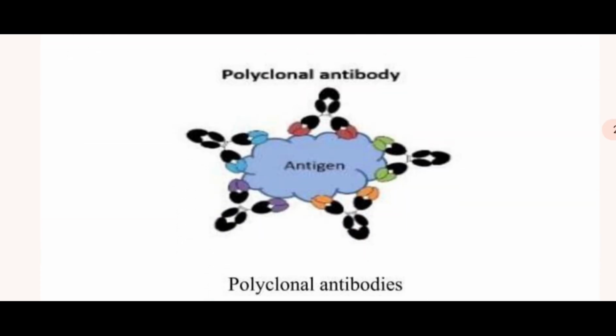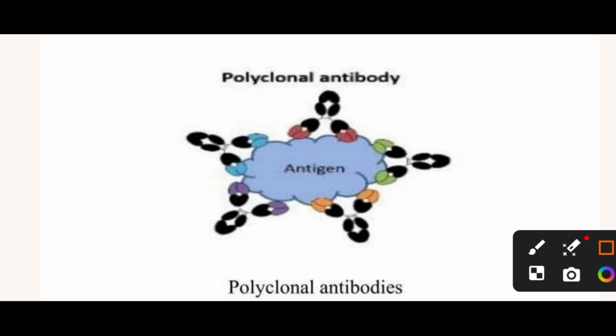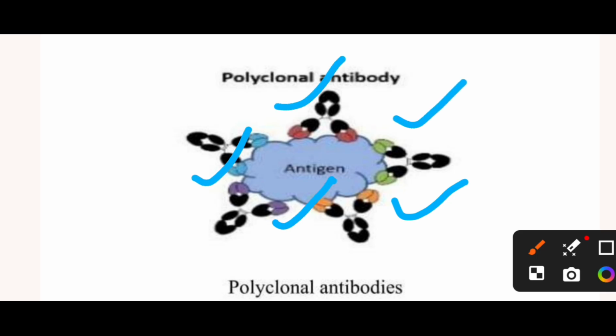So this beautiful figure shows how a polyclonal antibody works. Basically this recognizes different kinds of epitopes present on an antigen, as you can see in the figure. So suppose there are different kinds of epitopes, and these are recognized by the polyclonal antibodies.